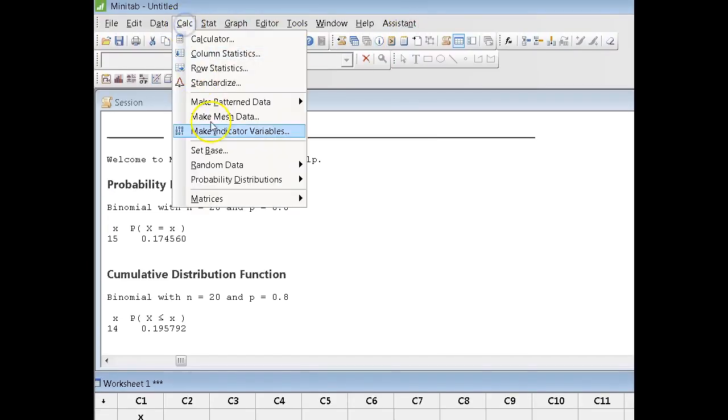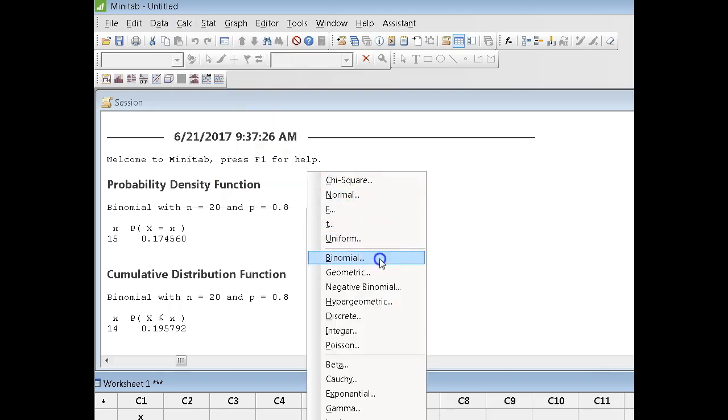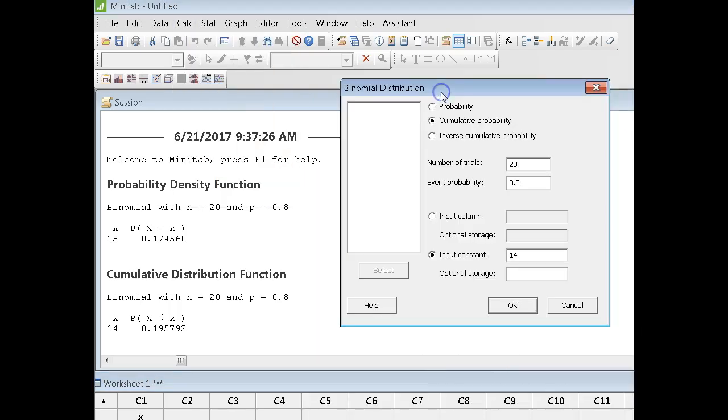If I go to the Calc tab, Probability Distributions, and Binomial, instead of inputting one particular number, I could put in a whole column of numbers. So here I'm inputting all the numbers listed in column C1, which includes 0 to 20. I don't have to do anything about storage.